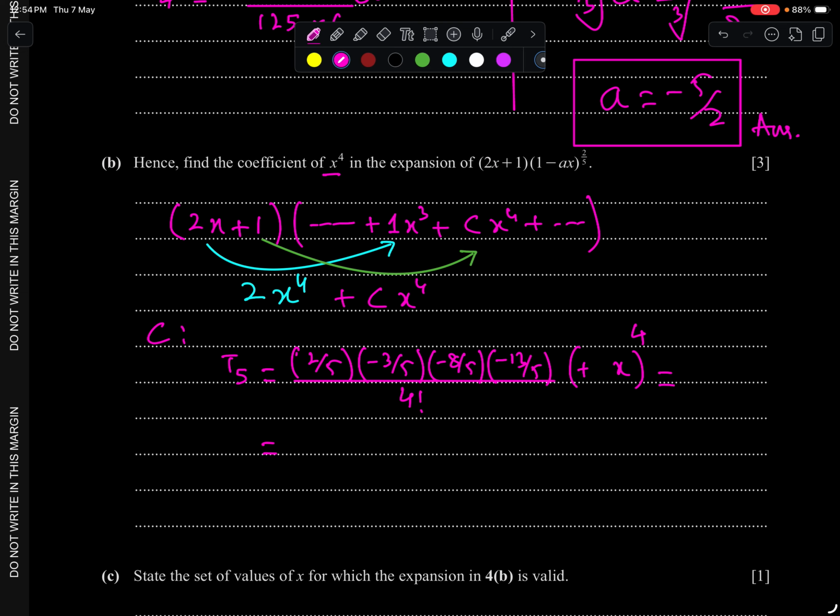If you substitute the value of a here, it will be easy to evaluate. We had minus a here and a is negative, so it will be 5 upon 2. So the simplified form of this is minus 13 upon 8 x power 4. So this is c.